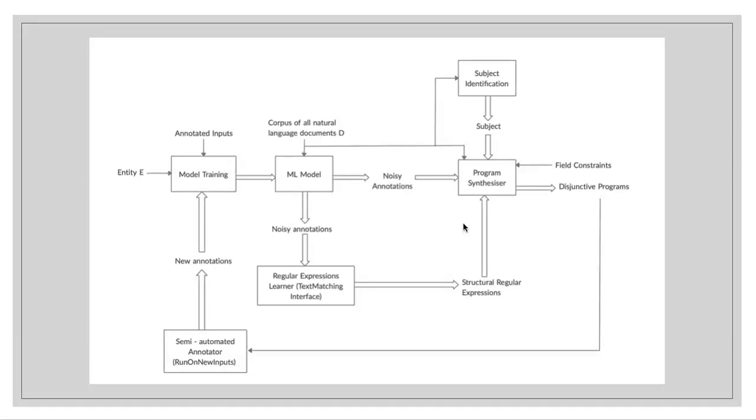And how we perform this subject identification is by using a regular expression that can match names of the products and find the product that occurs the maximum number of times in that document. And we assume that this is the product that is the main phone or the item that is the subject of the article. And so the actual entity that we try to extract should be closer to this subject.